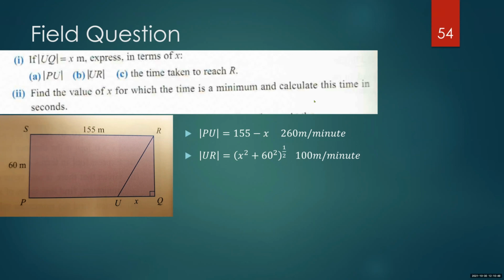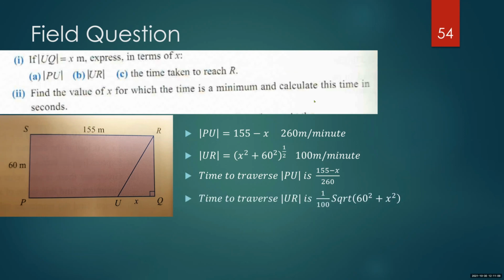So then the third piece is, we want to find the time to reach R. We want to express that in terms of x. So the time to traverse PU is 155 minus x all over 260, because we're running at 260 meters per minute along that section. The time to traverse UR is 1/100th of the square root of 60 squared plus x squared, because we're doing 100 meters per minute for that section.